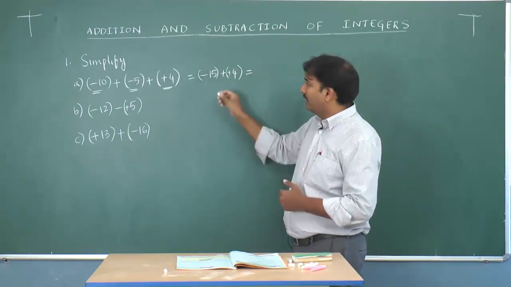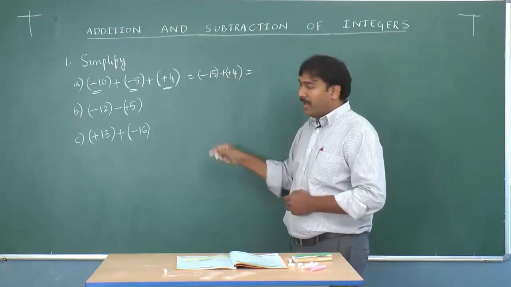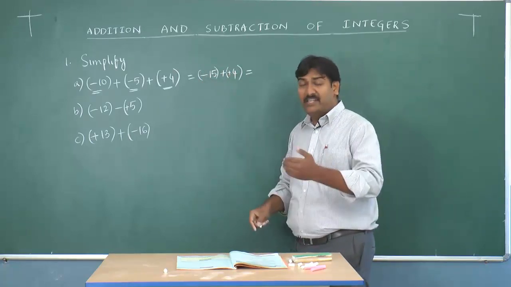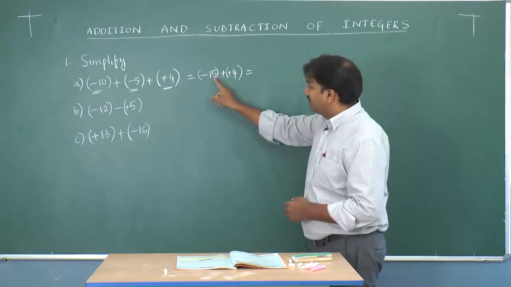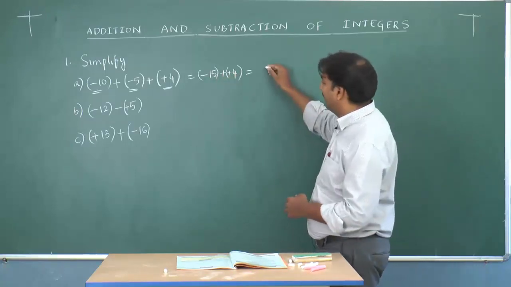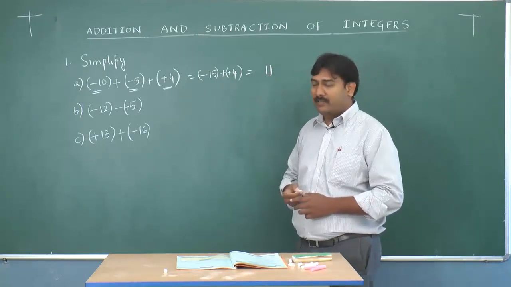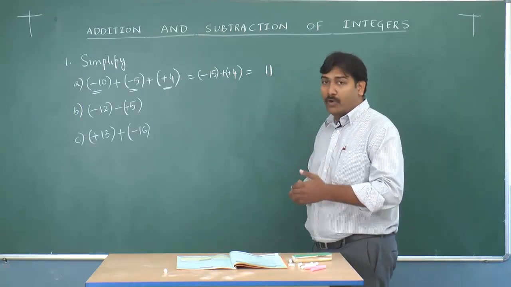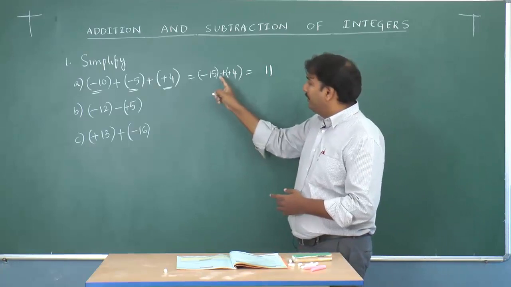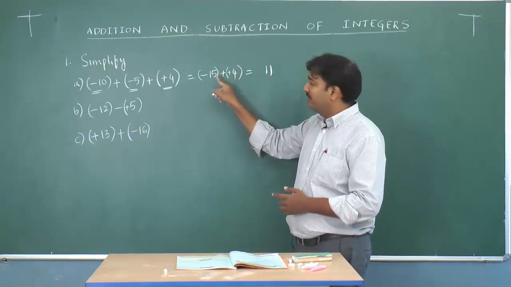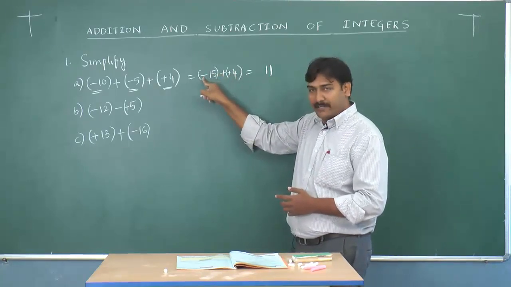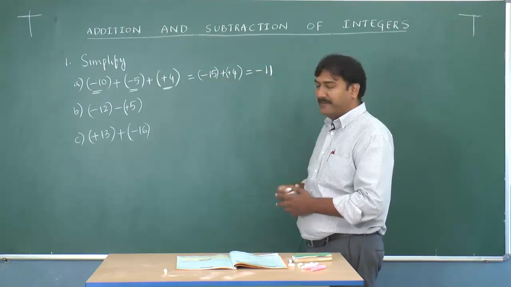So take the numericals 15 and 4. As the signs are opposite, take the difference, which is 11. And for the sign, we place the sign that the greater numerical has. The greater numerical among 15 and 4 is 15 and its sign is minus, so the answer is minus 11.